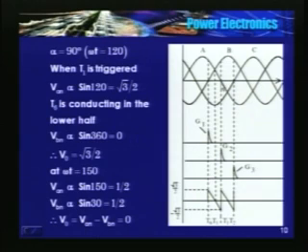So VAN is 0, VBN is plus root 3 by 2, so therefore output voltage is VAN minus VBN, it is minus root 3 by 2. So therefore for alpha equal to 90, output voltage varies from root 3 by 2 to minus root 3 by 2, provided the current is continuous. Remember, provided the current is continuous, output voltage varies from root 3 by 2 to minus root 3 by 2.